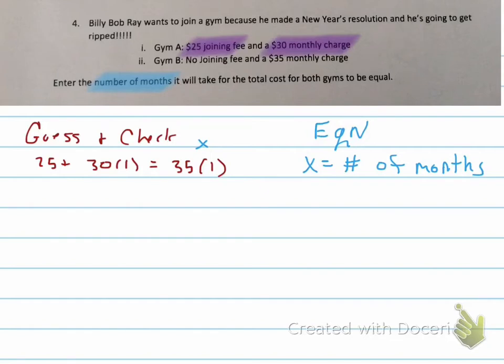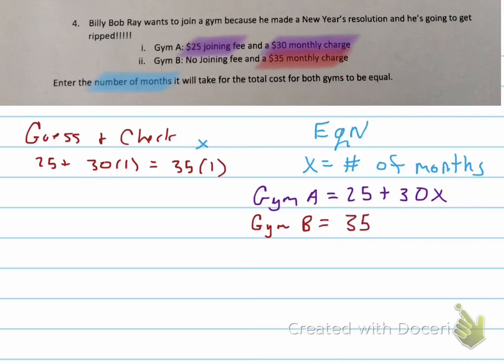So Gym A equals 25 plus 30 times X. Gym B, I'll do in red. No joining fee and a 35 monthly charge. So Gym B, 35x. So let's set that equal to each other.